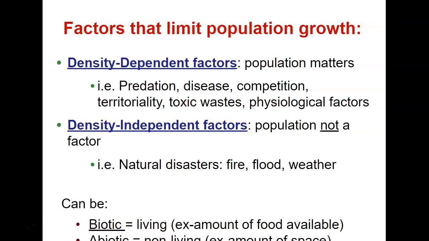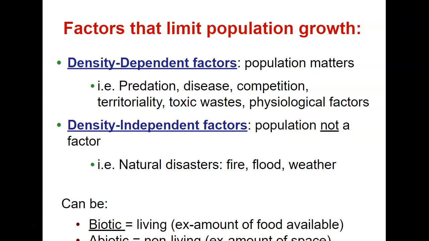So in short, these particular factors can be biotic or abiotic, which is kind of cut off there at the bottom. Biotic means living. So if the specific thing that they are fighting for or are affected by is living, it's biotic. If it's abiotic, it's not living. So one biotic factor could just be the amount of food that's available.